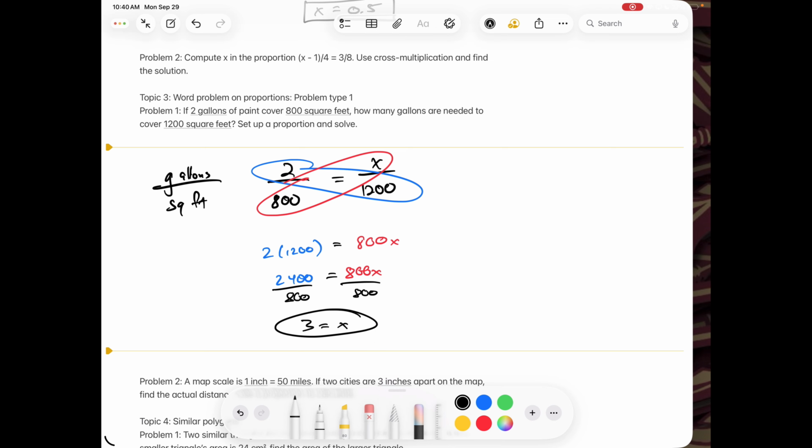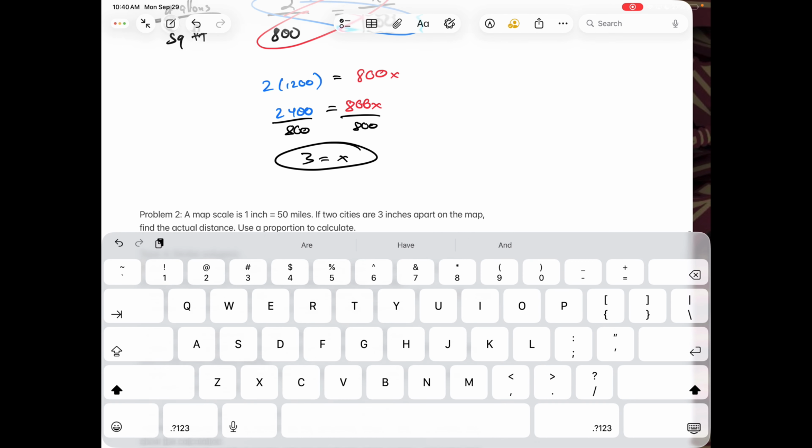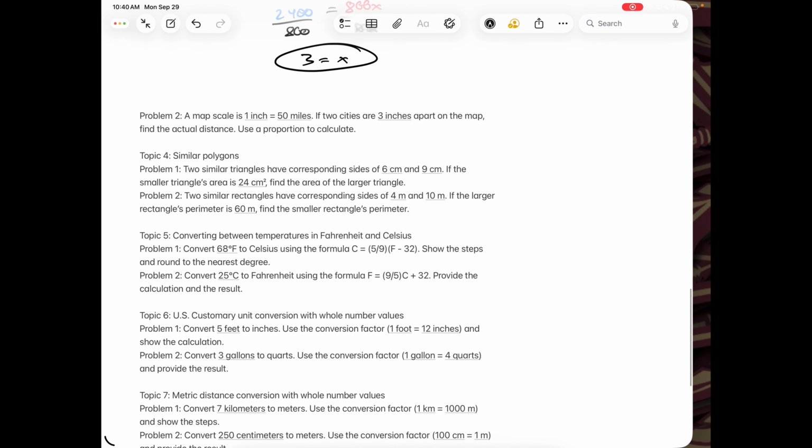I hesitated there because I thought it was backwards. 2 gallons covers 800, so you need more gallons than that to cover 1,200, right? So always take 2 seconds to make sure your answer makes sense. I need more gallons than 2 because I'm covering more square feet. But you always have to make sure that there is a connection on your proportion when you set it up.